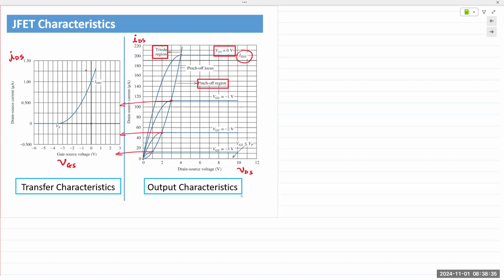For every value of VGS, what is the maximum IDS we can obtain? And that's how we get the transfer characteristic. A transfer characteristic for any device or circuit always shows how the input is being transferred to the output. In this case, VGS would be the input and IDS would be the output. And so that's why it's known as the transfer characteristic.